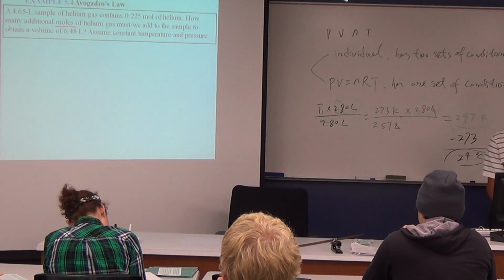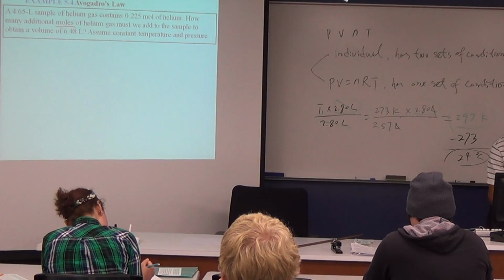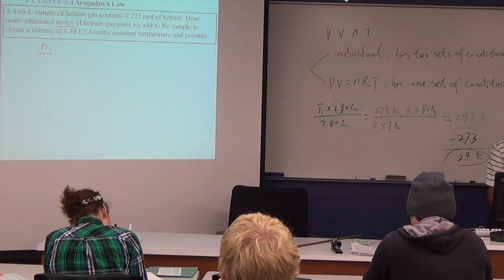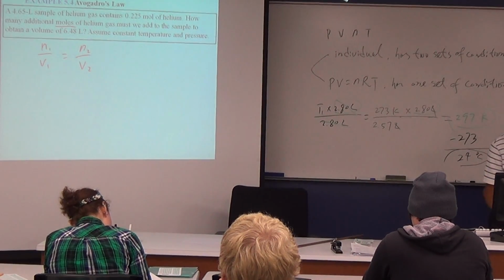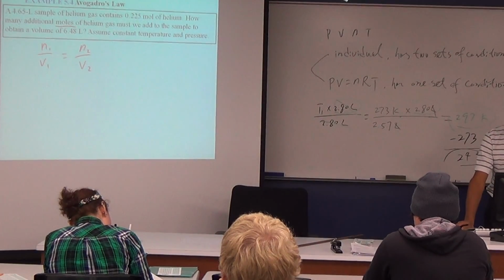So we want to find out the moles. Therefore, I will write that equation. Remember, we can have two equations, right? I will write the n on the top. So I write n1 over V1 equals n2 over V2. Then you will assign those numbers.